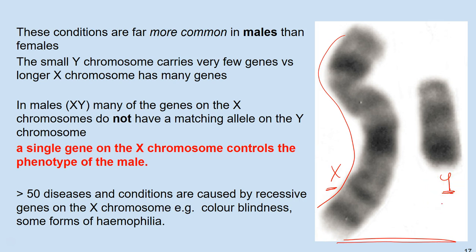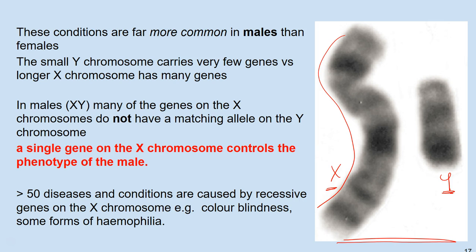So males will only have one allele, so they only have one version of that gene. Okay, so a single gene on the X chromosome can control the phenotype of the male, because they don't have that two-allele combination, which would give them another chance of having a non-affected allele.